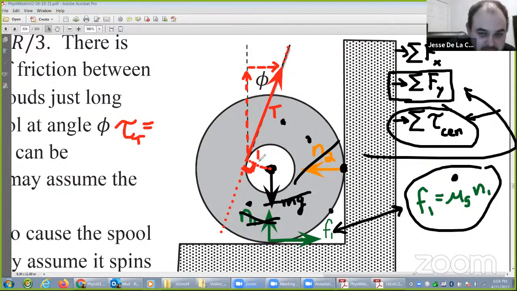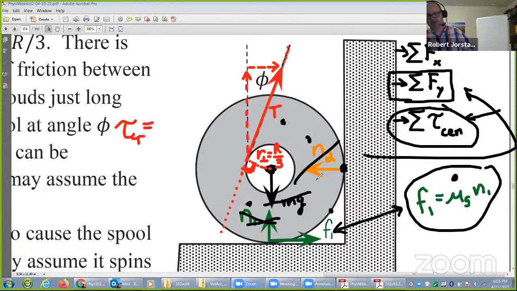What's this lever arm here? What's R perpendicular? Isn't that R over 3? Yes, R over 3. And now that we have that, what's the lever arm for the frictional force? Gonzalo, you want to give it a go? F1, right? Yes. What's the lever arm for F1?